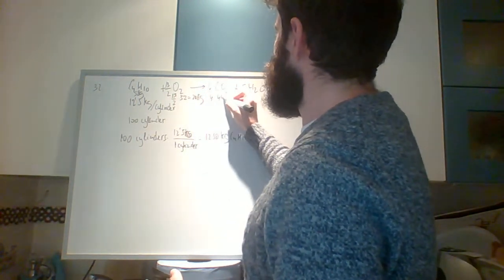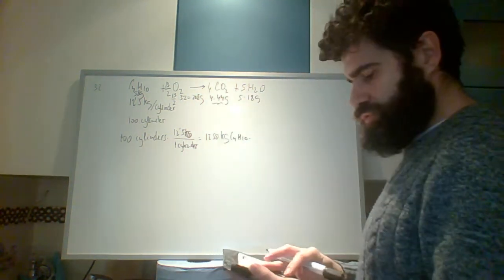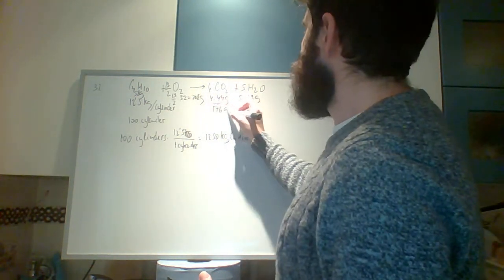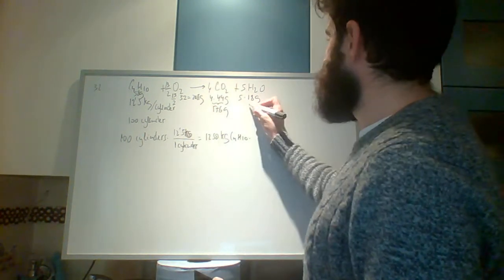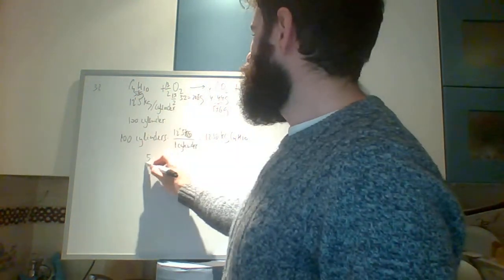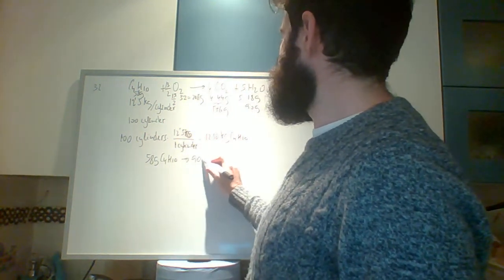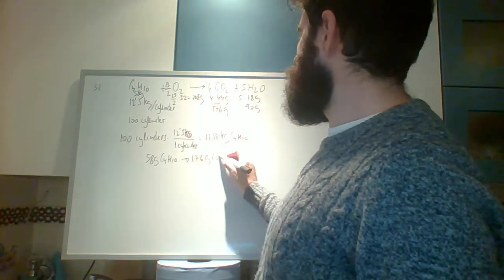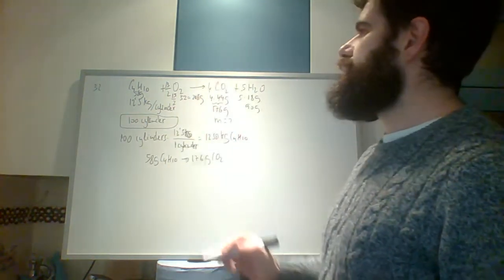CO2 is 4 times 44 grams, 5 times 18 grams. 44 multiplied by 4 yields 176, and 5 times 18 yields 90 grams. So the theory says from 58 grams of butane, there are 176 grams of CO2.